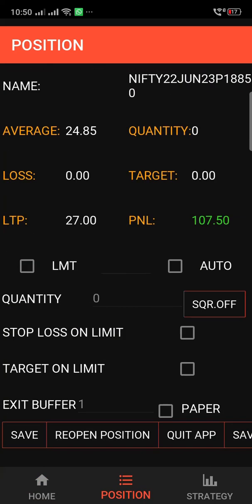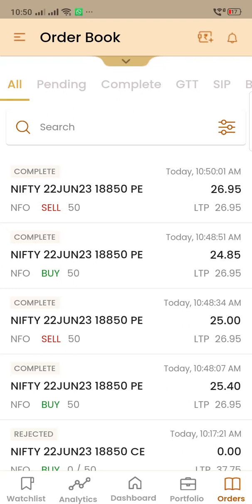Target is reached and order is exited. Here is the order details.